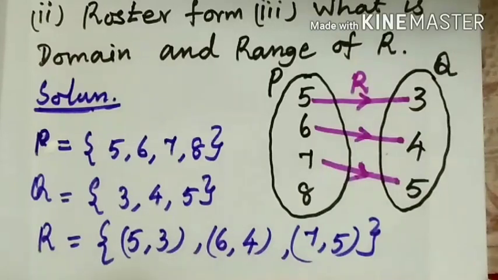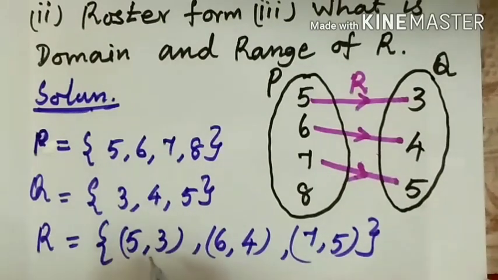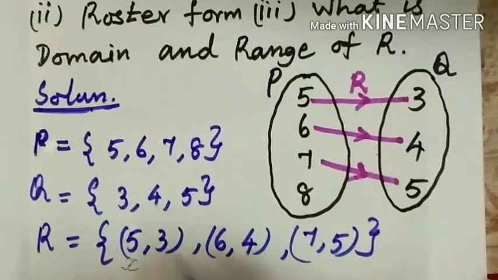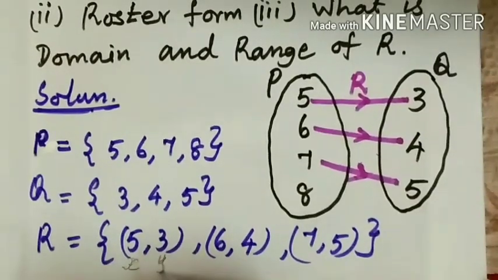Now you recall what is a relation. A relation is nothing but two objects being related under a specific rule. So in these ordered pairs we have to observe what specific rule applies here. In every ordered pair, the first element is the x coordinate and the second element is the y coordinate.